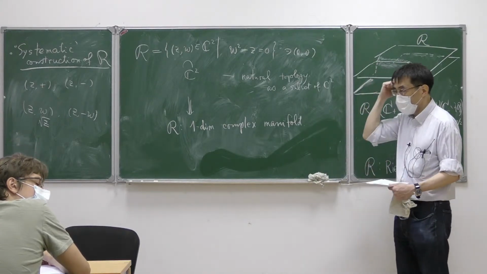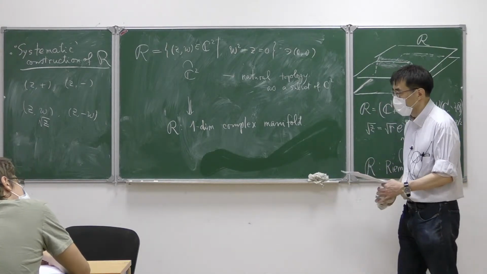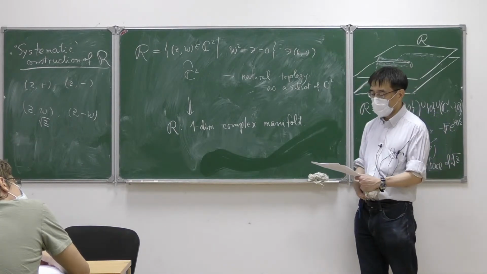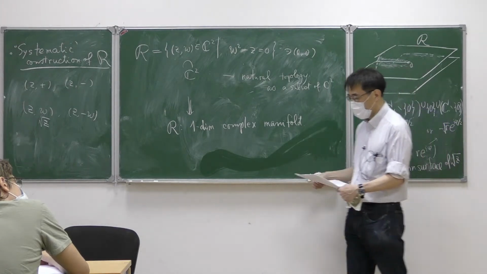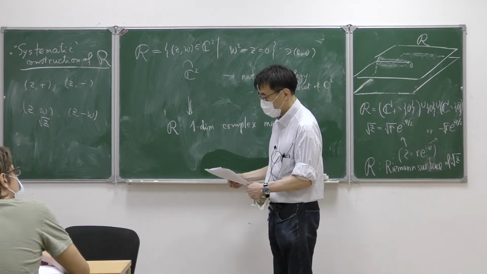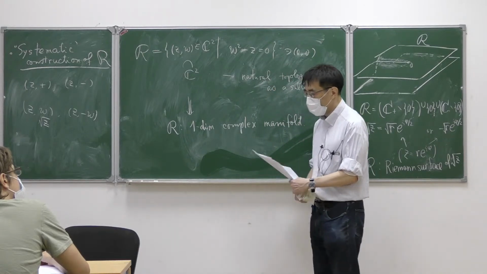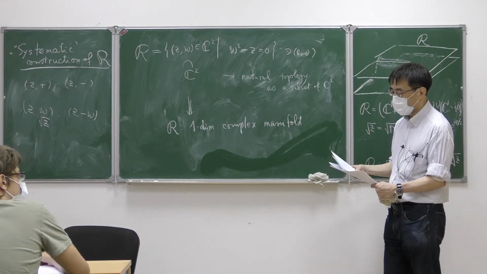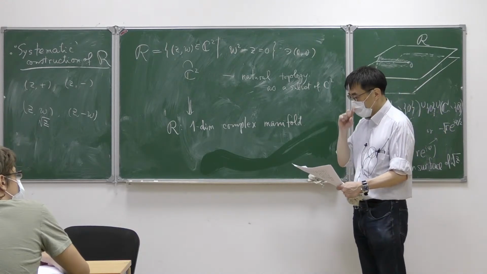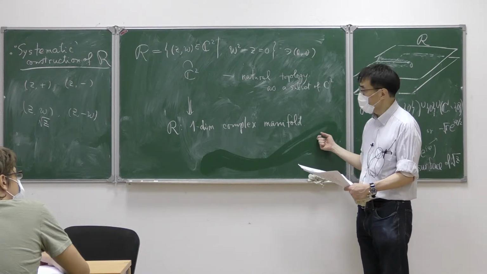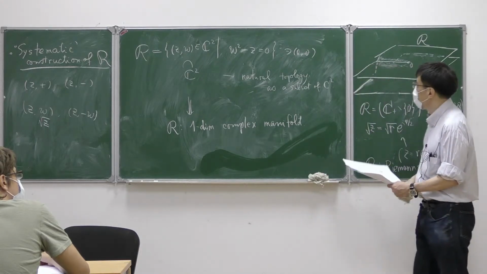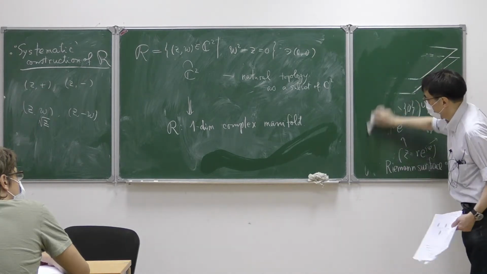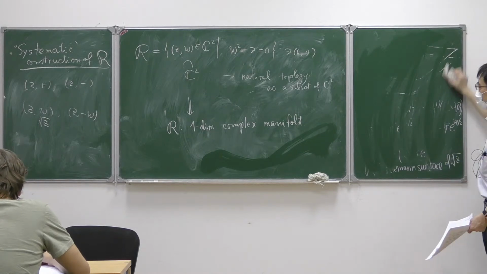So probably all of you from HSC know what is a complex manifold, but maybe for those who are coming from other countries, need some explanation of this, so let me recall what is a manifold.